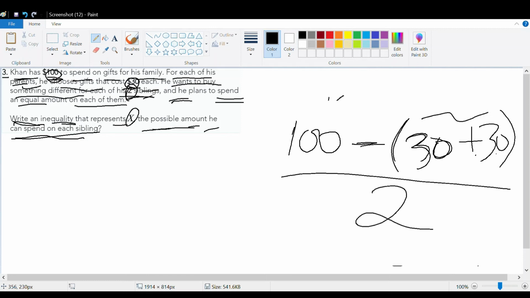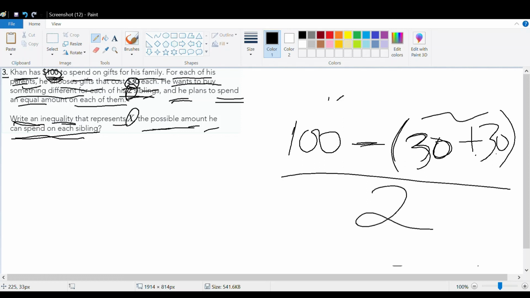Now, here is where the inequality sign comes in. He can spend $100. He cannot spend more than that. He can spend $100 exactly.